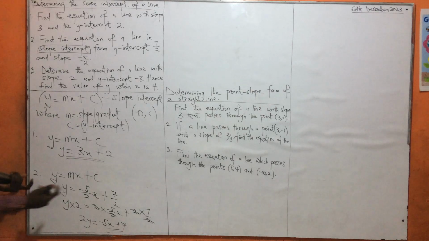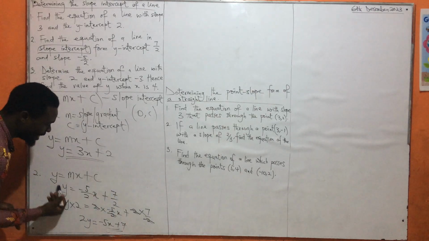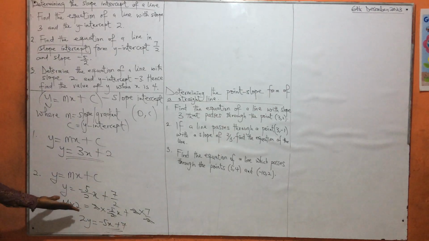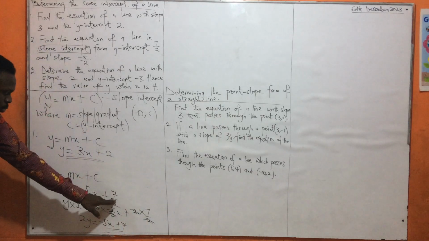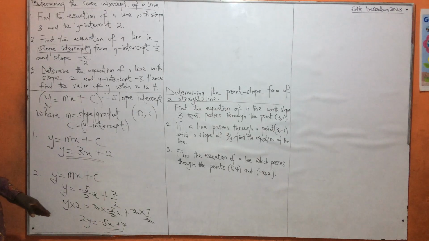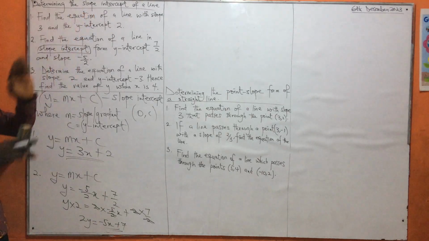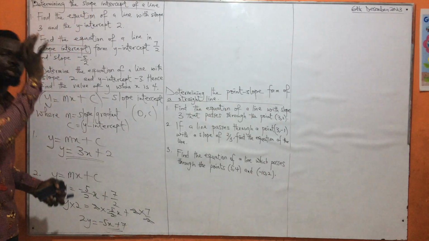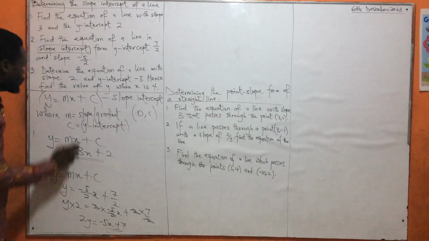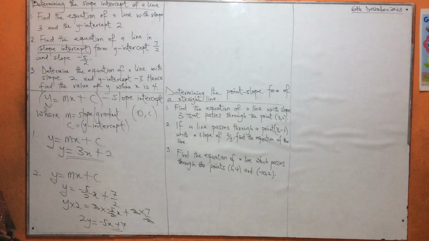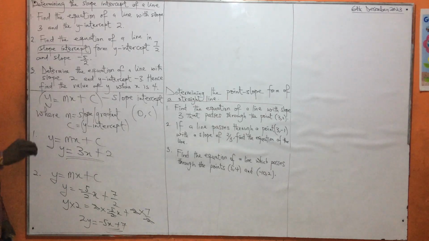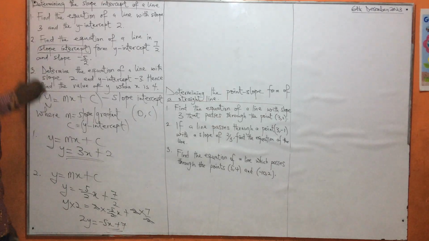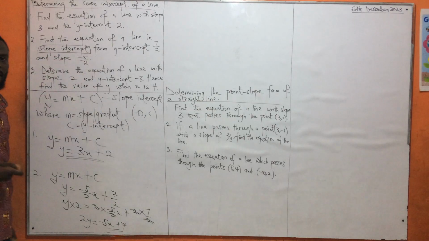We can also choose to leave it in fraction form, but since we don't want that, we multiply by the denominator. This one is very simple. Once you have the slope and the y-intercept, we use this form, then solve. The most important part is what you are given to find the equation of the line.